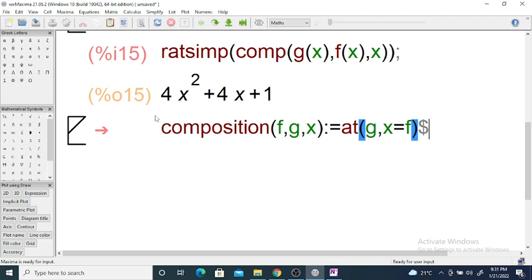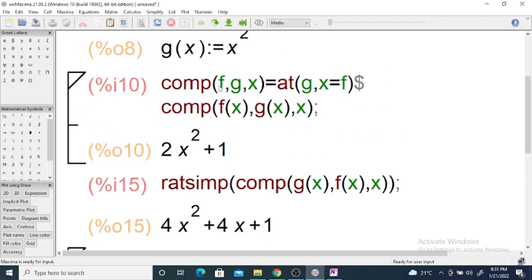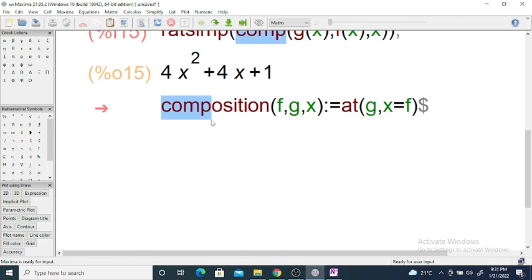Here comp is a user defined function to calculate the composition, and now we use the word composition to call the function.